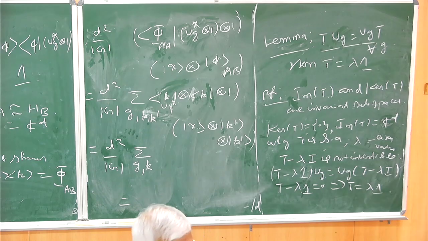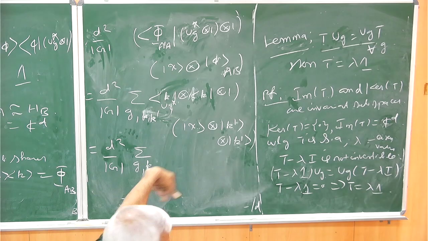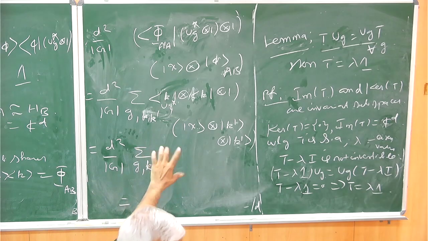You append it with the classical state and sum it over, to get back the rho as it is. That is why I put the summation.